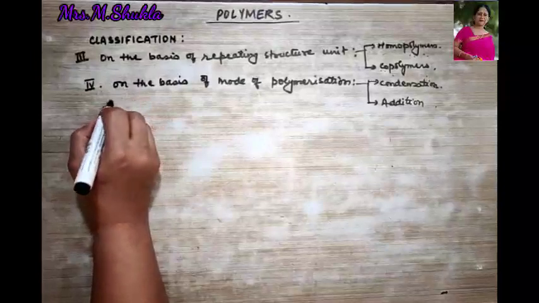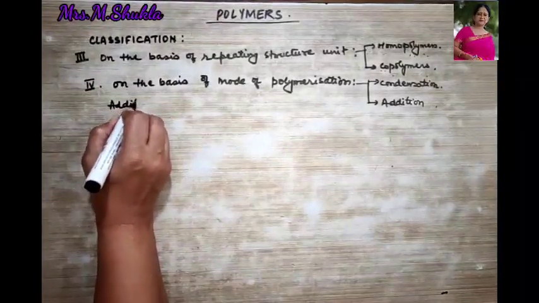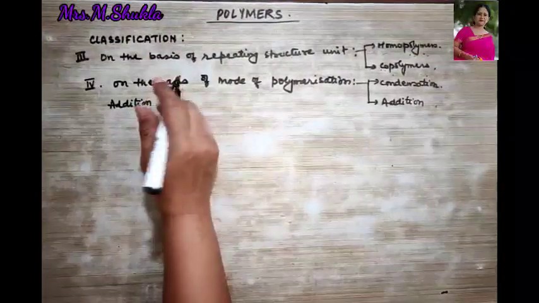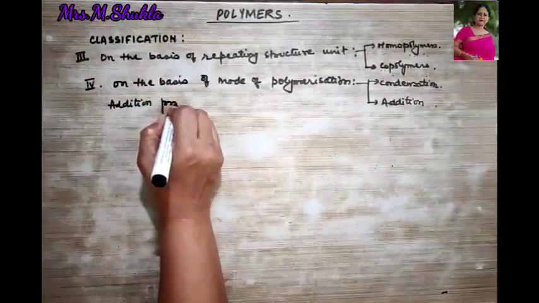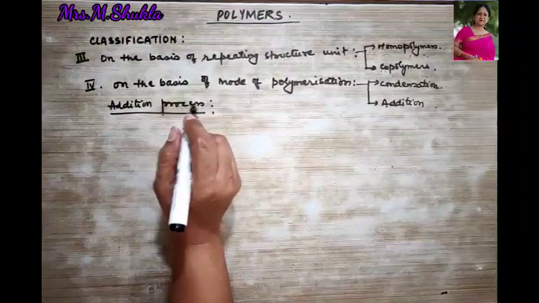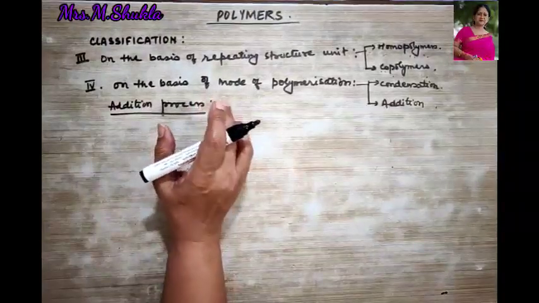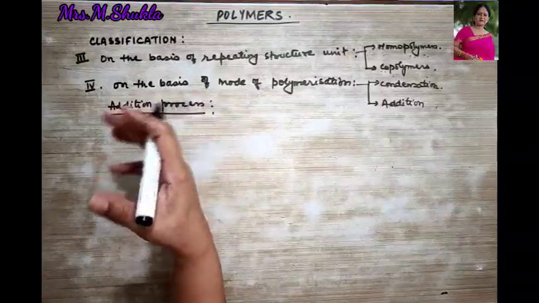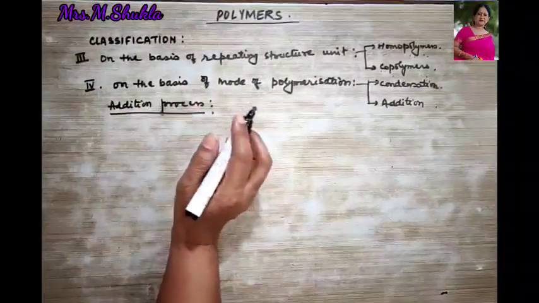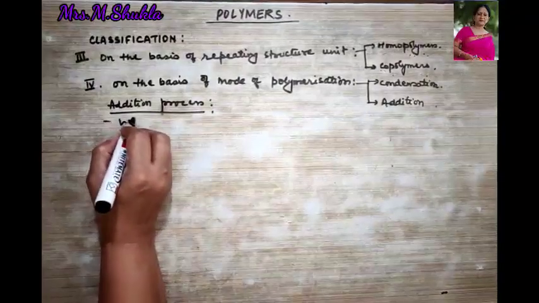So let us first understand the addition reactions, addition process, right? So when a large number of monomer molecules attach themselves to form a polymer chain, then the process is termed as addition process. What did I say?